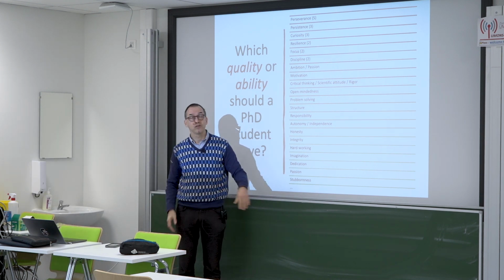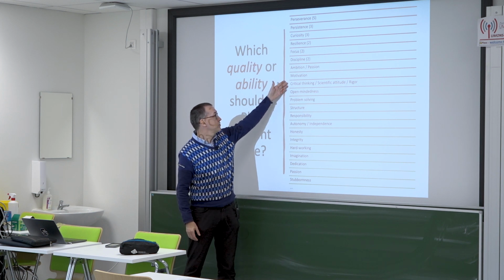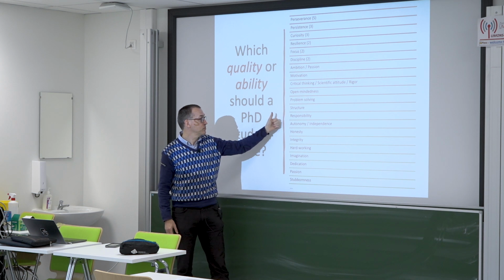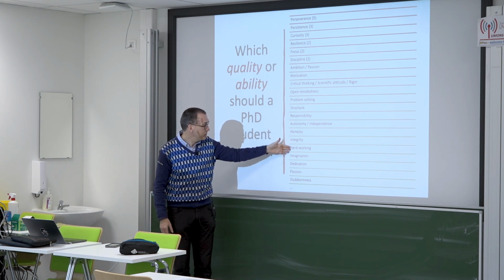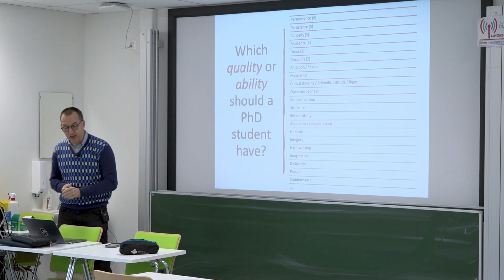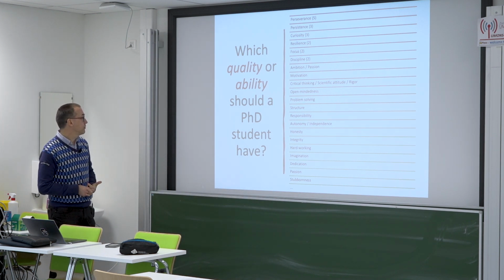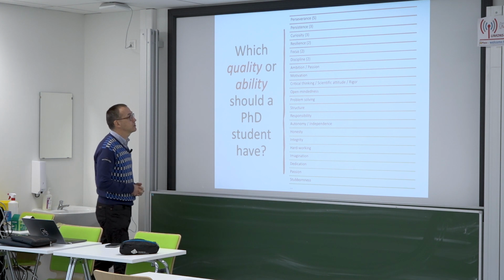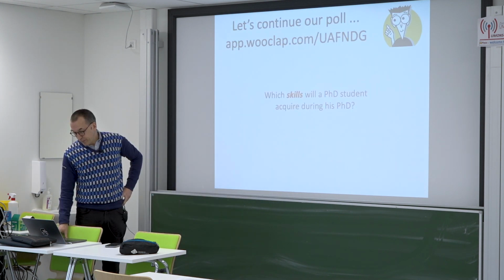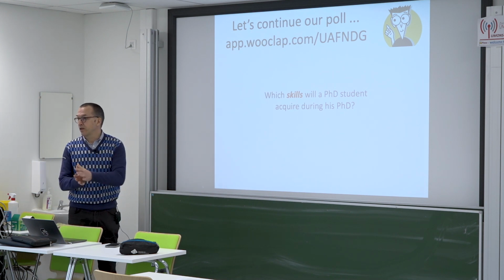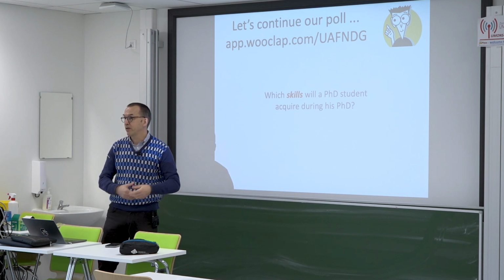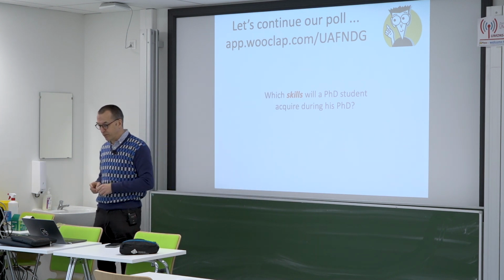If you're more in the scientific domain, have critical thinking, scientific attitude, be open-minded, a problem solver, structured, responsible, autonomous, independent, with honesty and integrity. So there are lots and lots of qualities that can help you be a good PhD student. I hope and assume you have many of those. These are the qualities and abilities that you should have, preferably many of them, when starting a PhD.